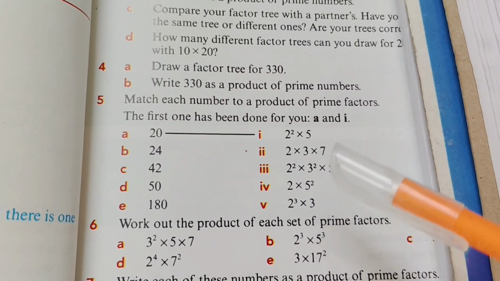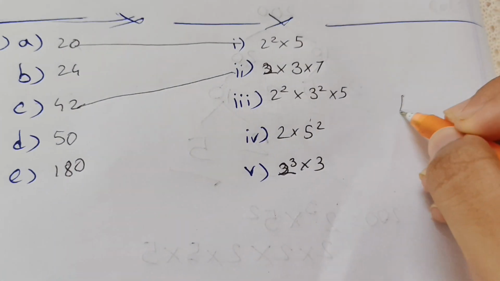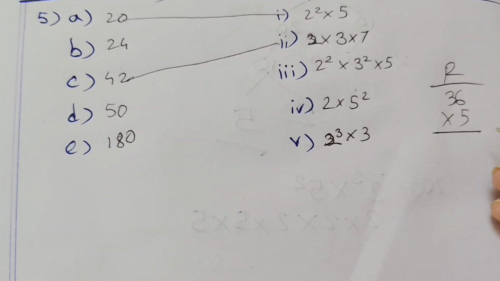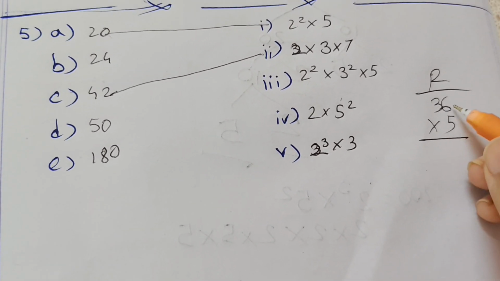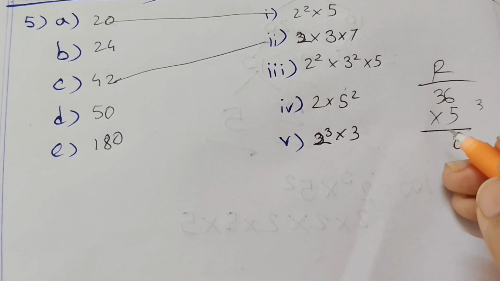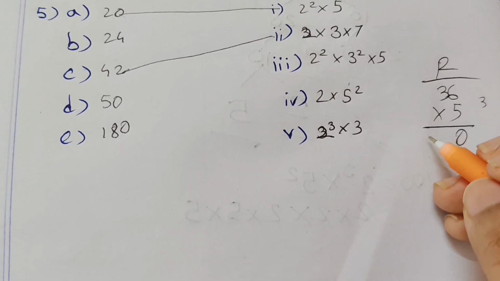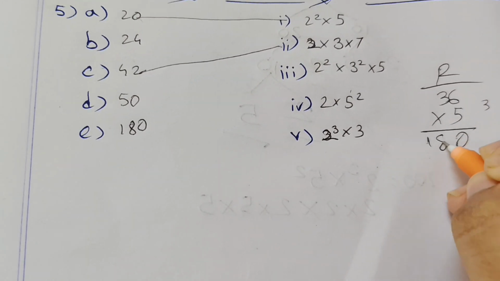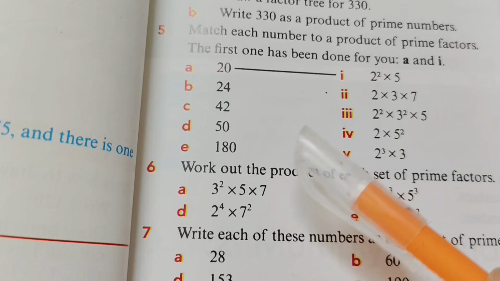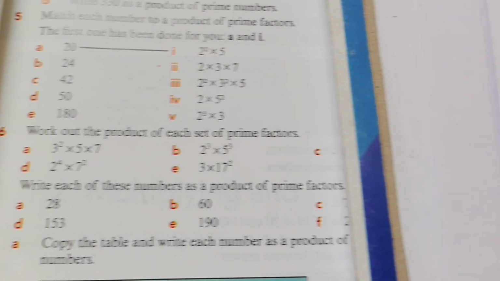And if we multiply 36 with 5, let me show you in rough. 36 multiplied by 5, we get 180, which means we match up 3 with 180.